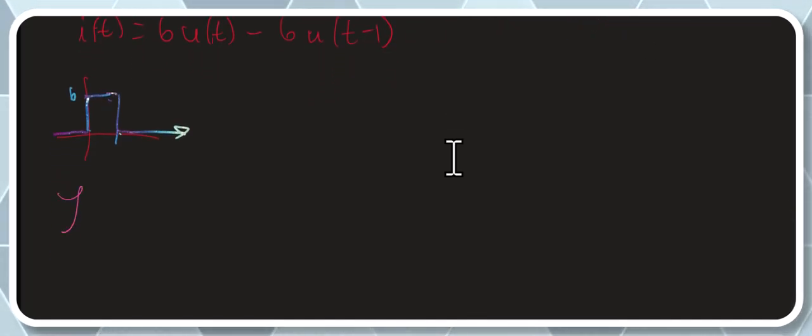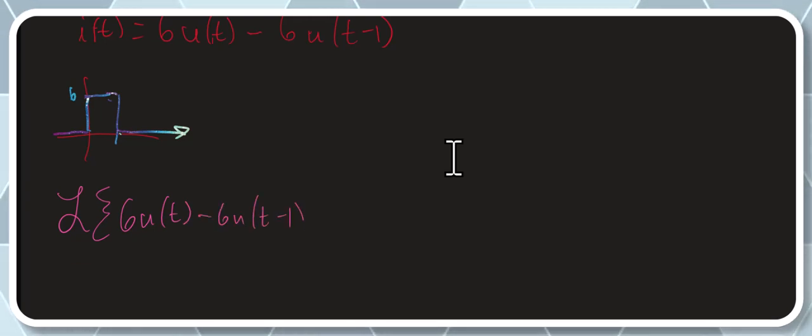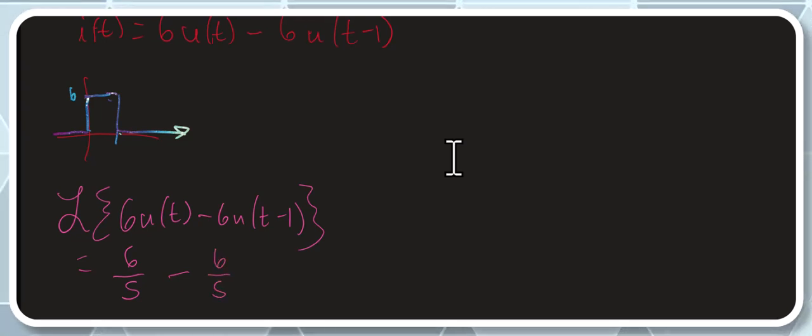Well, first we have to take the Laplace transform of our function here. So we need the Laplace transform of 6u of t minus 6u of t minus 1. If you look up on the Laplace transform table, the Laplace transform of the unit step function is 1 over s. So this becomes 6 over s. And this would be minus 6 over s, except for the time shift.